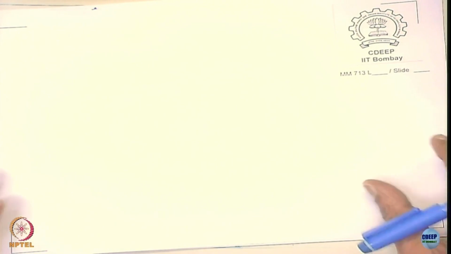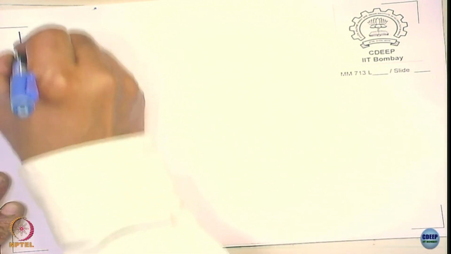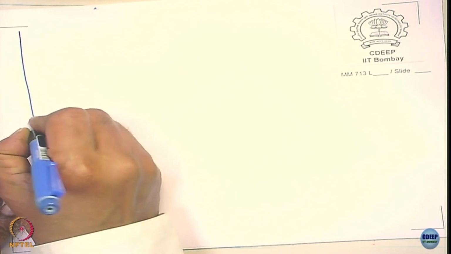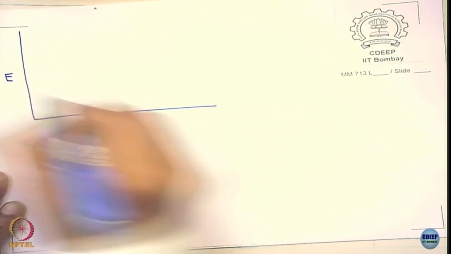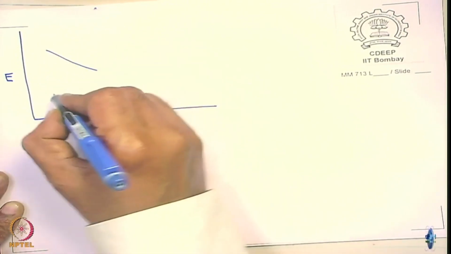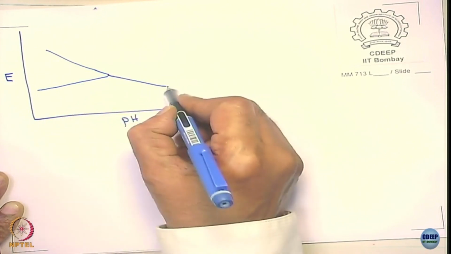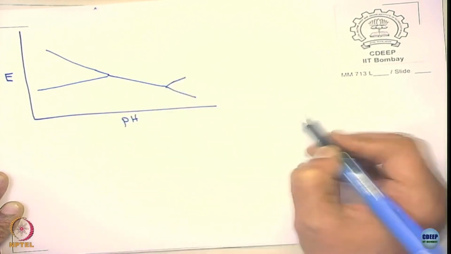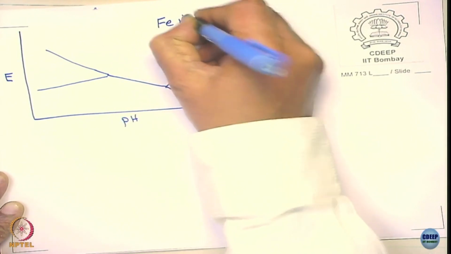Yes, but then I want to draw this now. Say this is your potential, and the pH, something like that. I hope you know this is the diagram for iron in water.